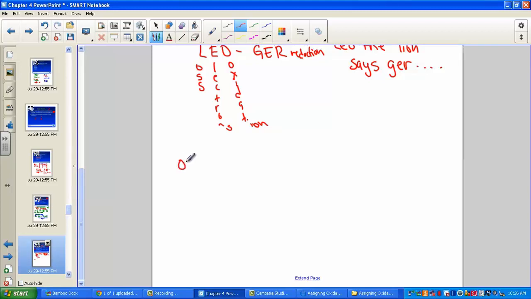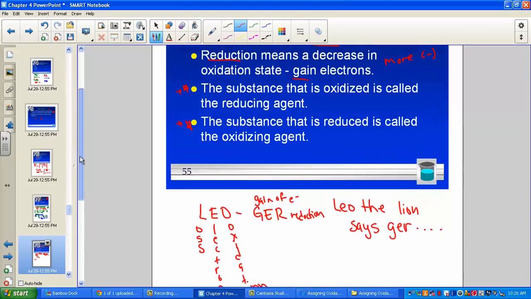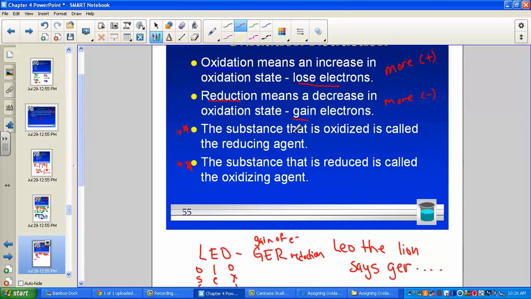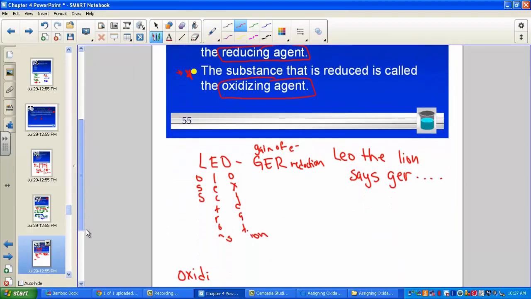Let's fill in the blank. Oxidation means an increase in oxidation state. Reduction means a decrease in oxidation state. The substance that is oxidized is called the reducing agent, and the substance that is reduced is called the oxidizing agent. Go ahead and fill those blanks in, and then let's go down and give some clarification to those vocabulary words.